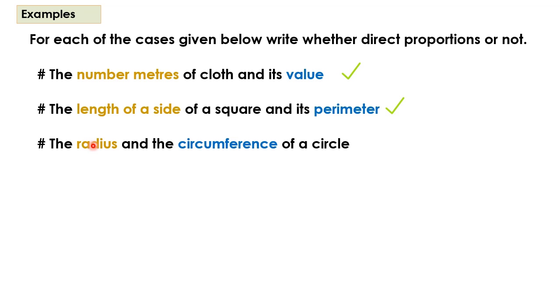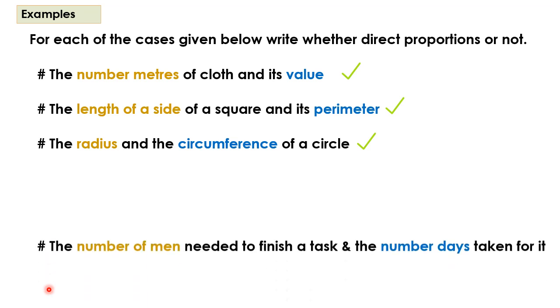Here 2r, once again 2 pi into 2r. So when radius increases, the circumference is also increased by the same ratio. Therefore, it is direct proportions.